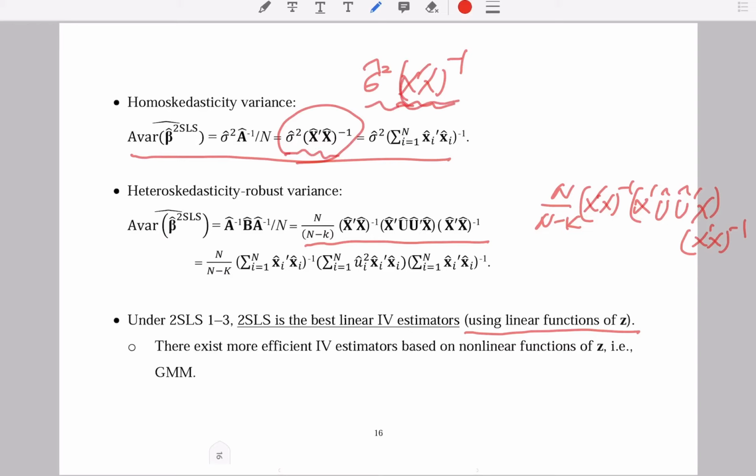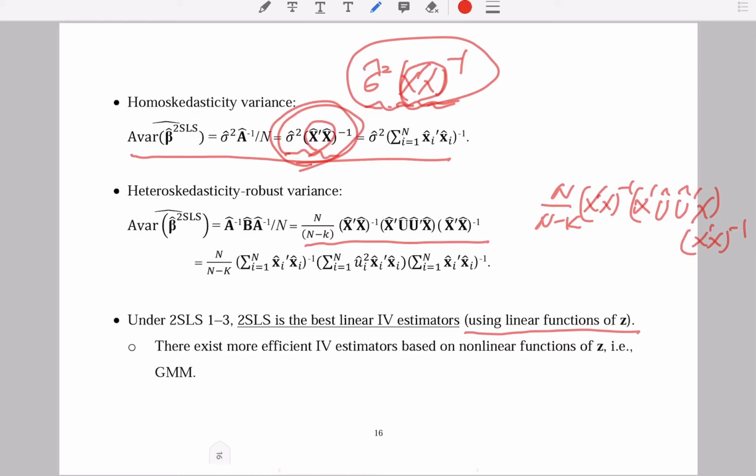Because x prime x will be larger than x prime x hat. So because there's an inverse, the OLS variance will be smaller than the IV estimator variance.